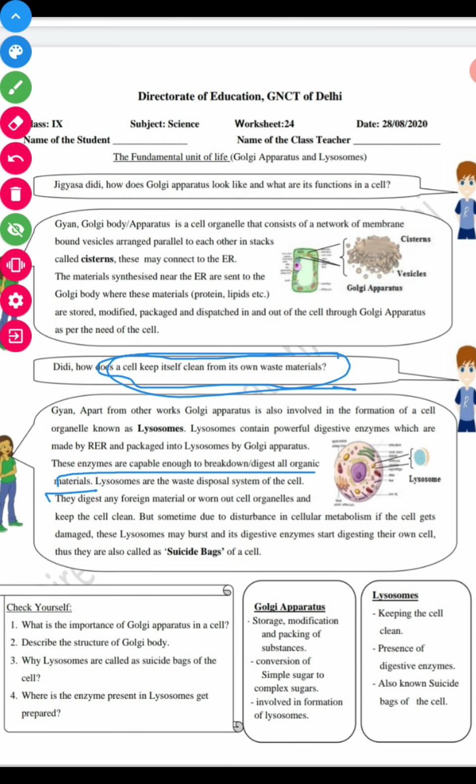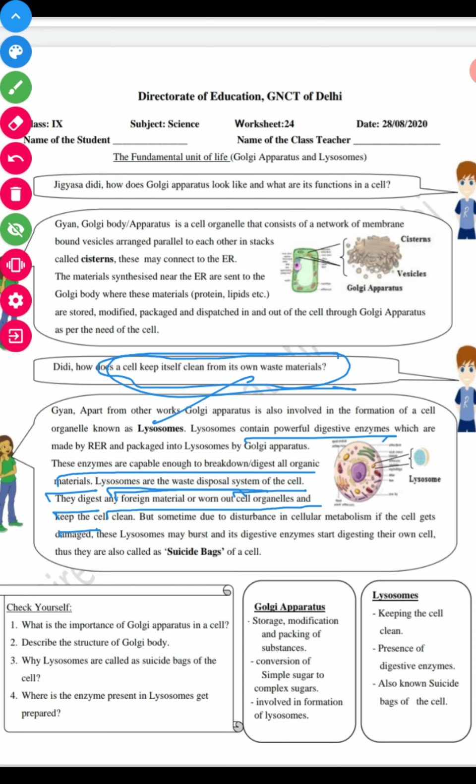The digestive enzymes formed in the lysosome are capable enough to break down or digest all organic material. Lysosomes are the waste disposal system of the cell, as they digest any foreign material or worn out cell organelles to keep the cell clean.